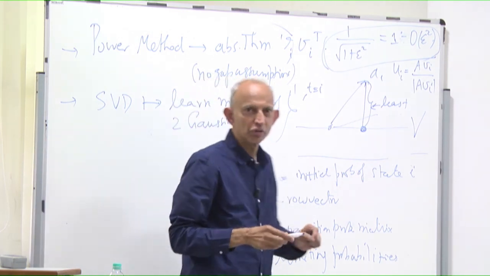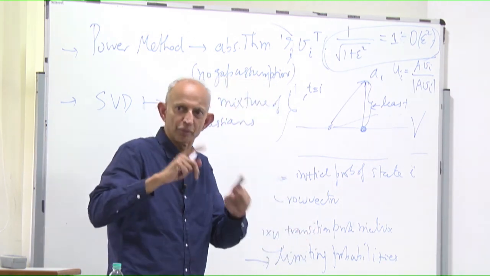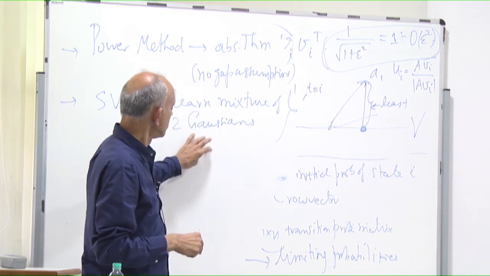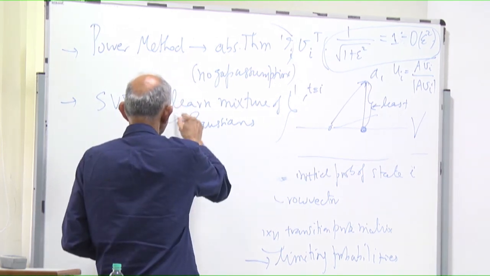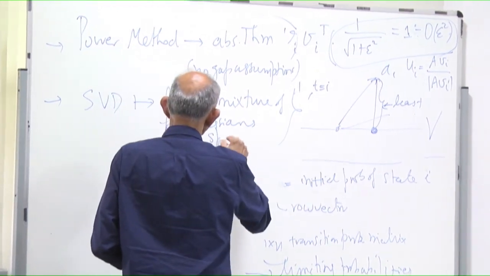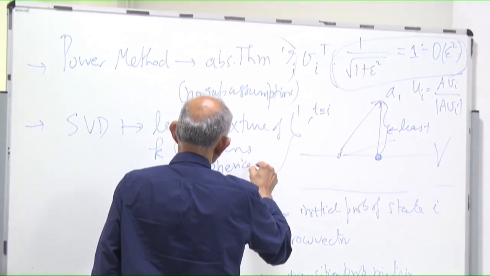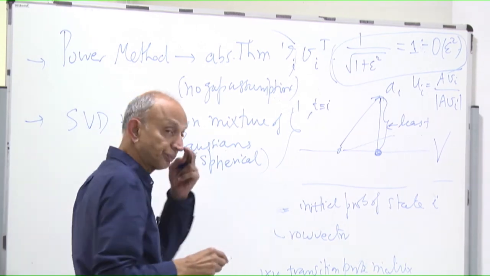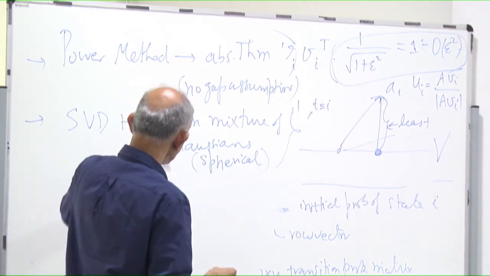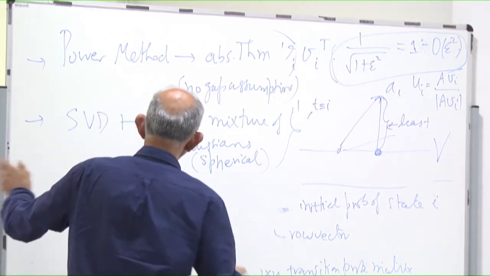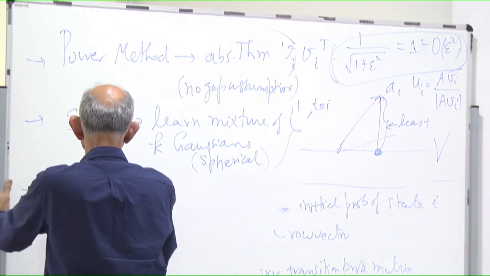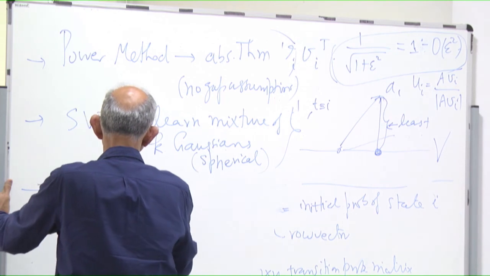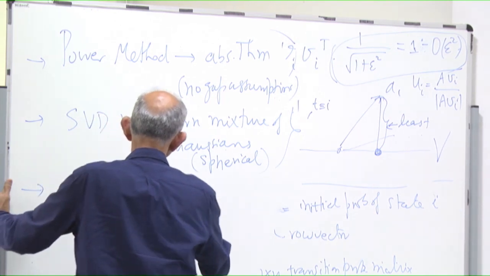So I'll introduce Gaussian mixtures, and I'll redefine them. But it helps us learn a mixture of k Gaussians, any number of Gaussians. But they are spherical Gaussians only for this. And this is, in a way, a clustering problem. We saw that. We'll also see that SVD leads to what's called spectral clustering.